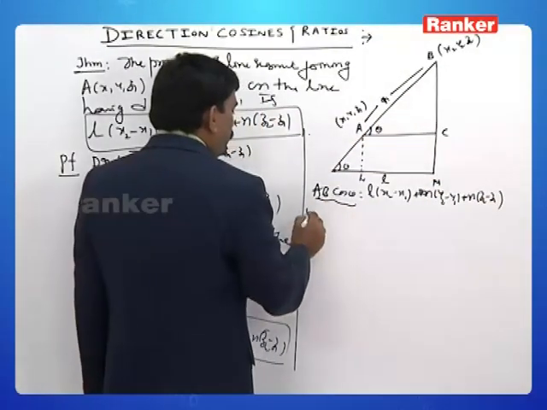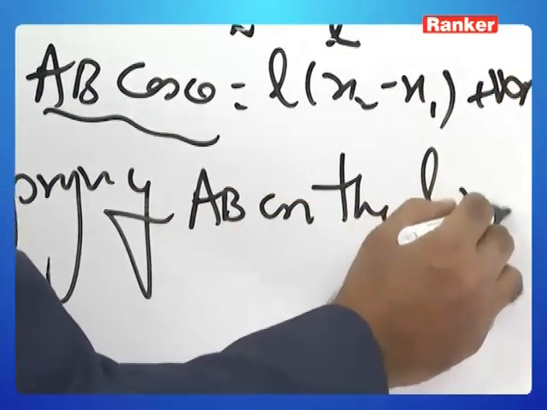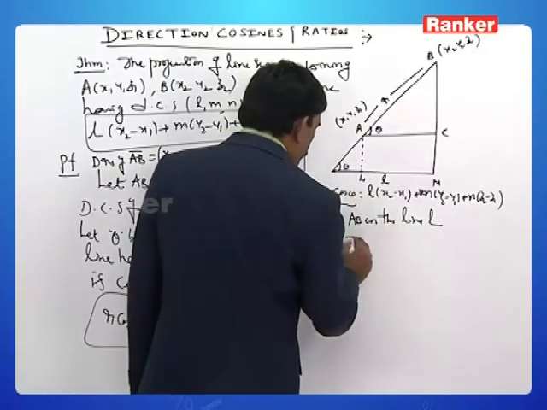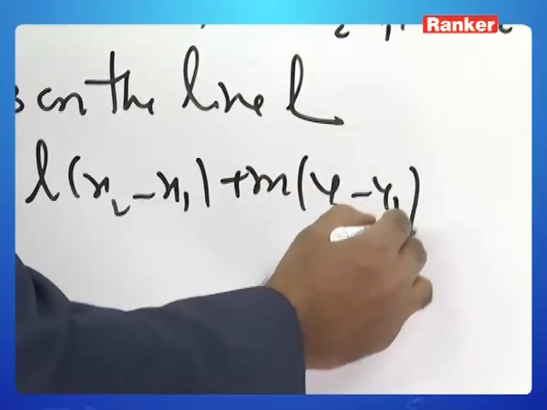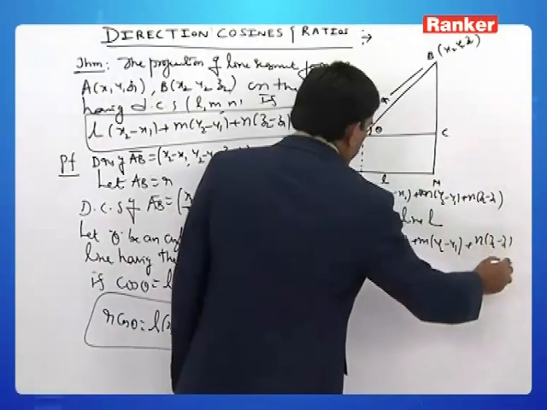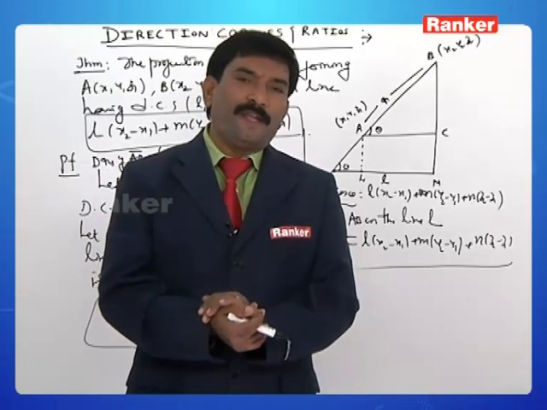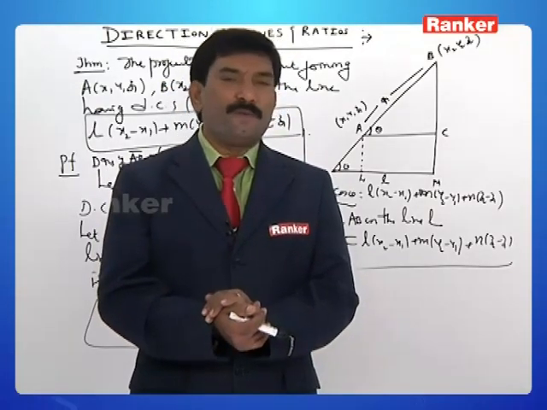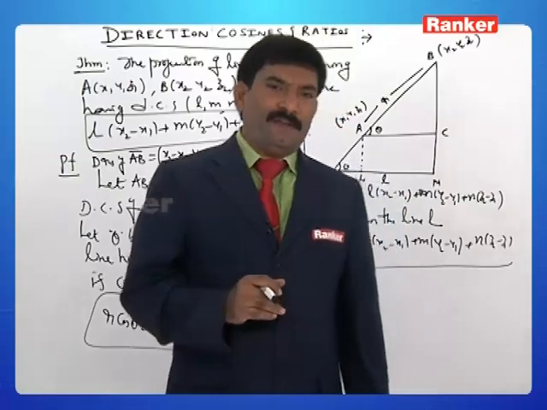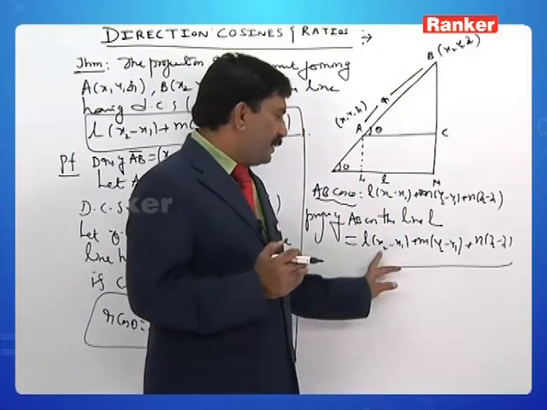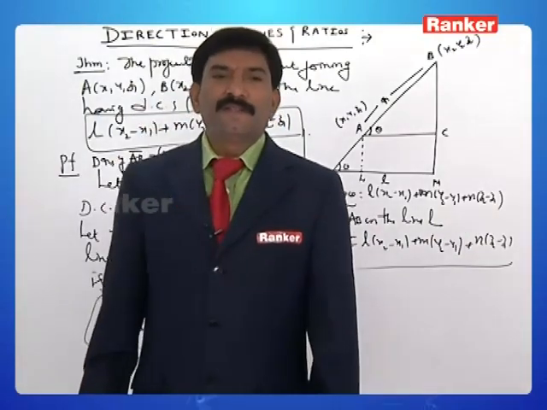This is nothing but the projection of AB on the line L. So hereafter, the projection of the line segment joining A of x1, y1, z1 and B of x2, y2, z2 on the line having DCs l, m, n is given by l into x2 minus x1, m into y2 minus y1, n into z2 minus z1.